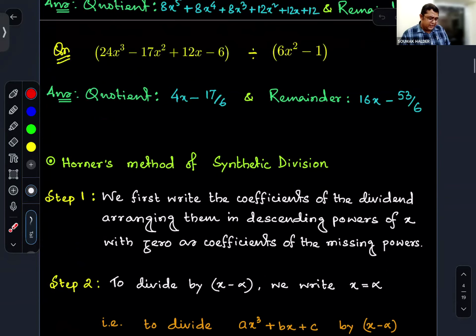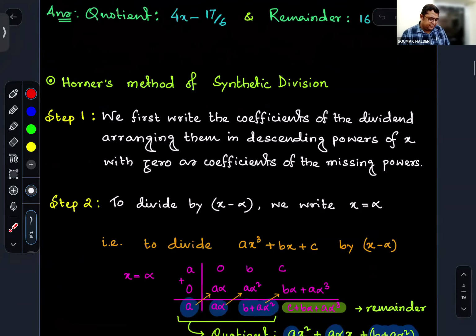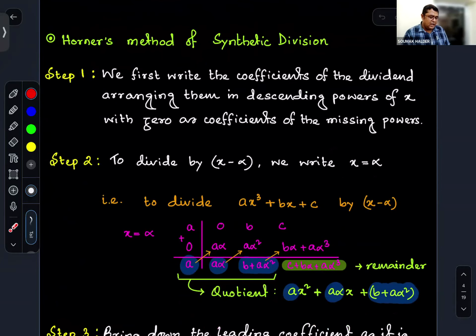Then as a part of the procedure, we will perform step 2, which asks you to write x is equal to alpha when x minus alpha is your divisor.